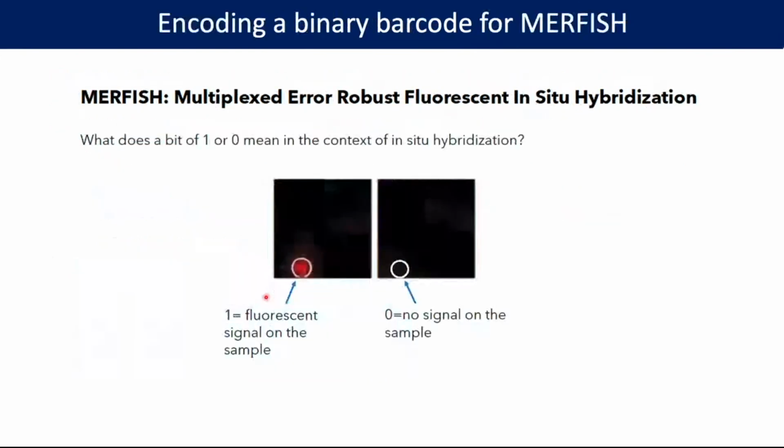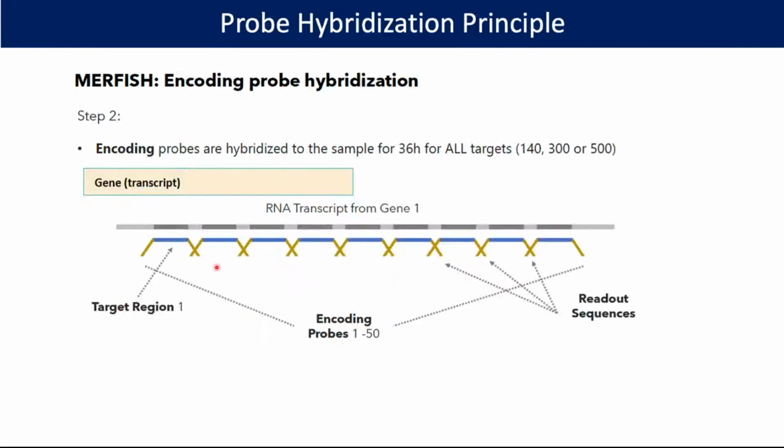And then what happens is that we hybridize this panel to the tissue sample, perform a gel embedding and tissue clearing, and then basically everything runs nicely on its own on the MERSCOPE provided by Vizgen. And these signals or no signals are actually recovered from the polyacrylamide gel. And per target, these encoding probes bind.